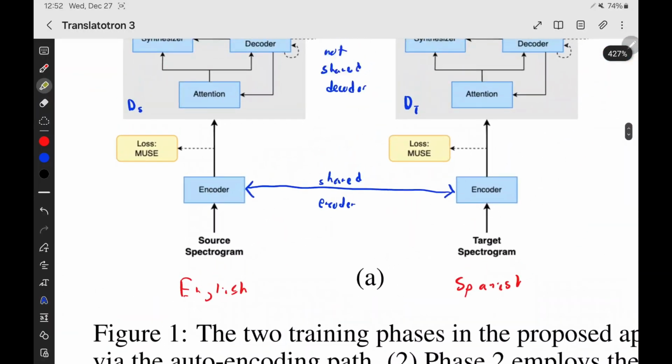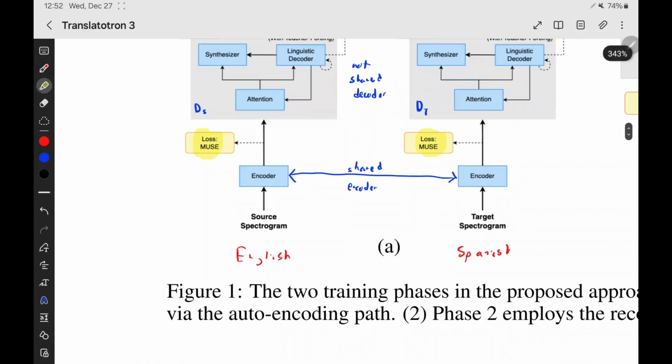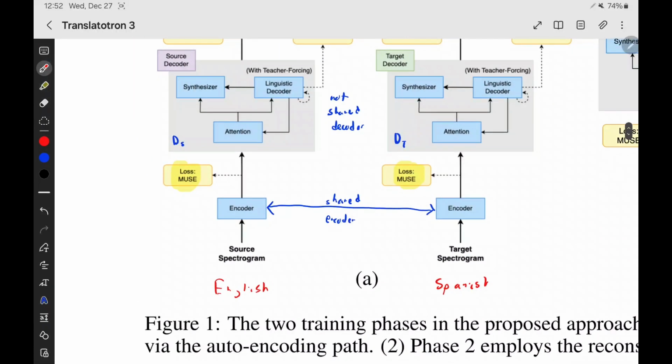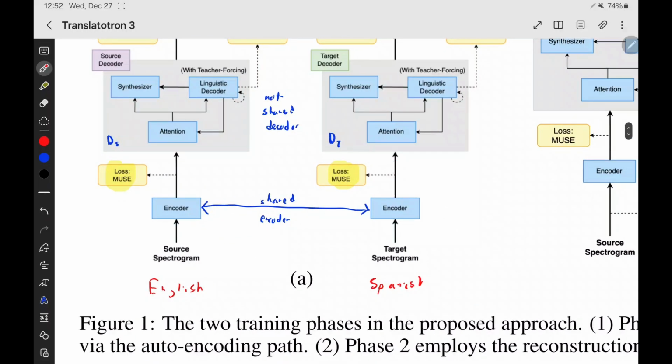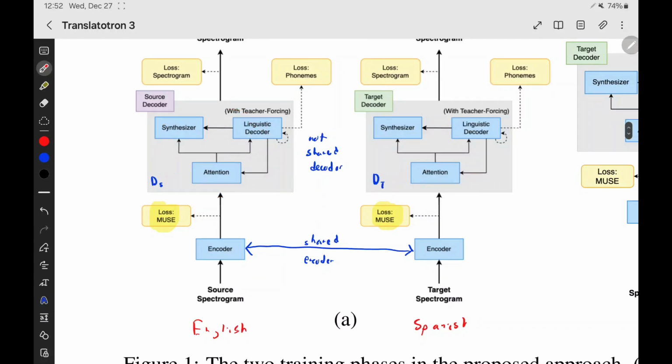Now they throw this on the output of the encoder right here. Before, in Translatotron 2, you just had the encoder. It produced some representation of the spectrogram, and then you would decode it into the output spectrogram.